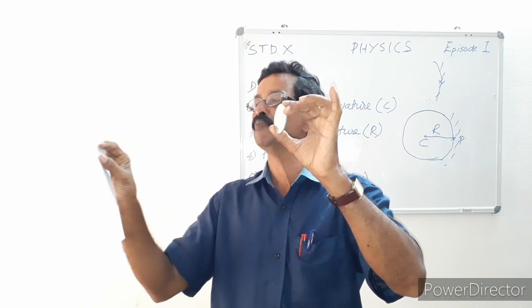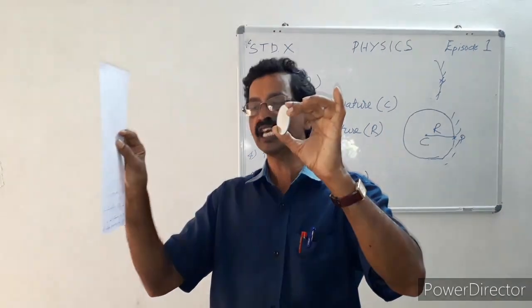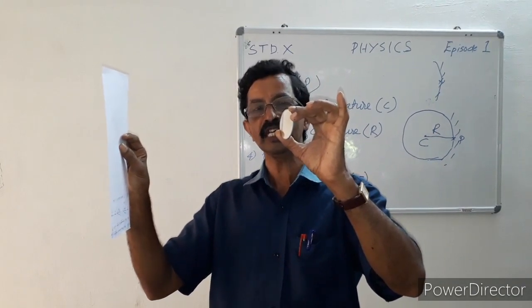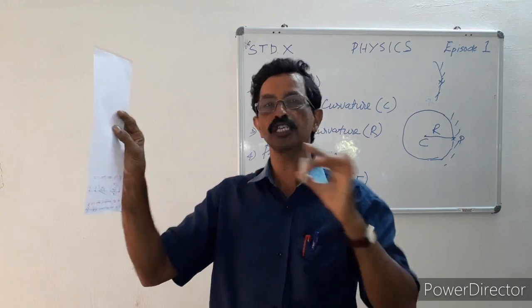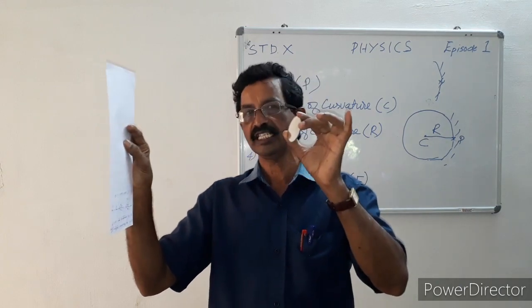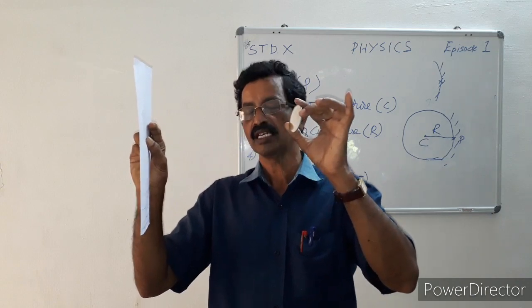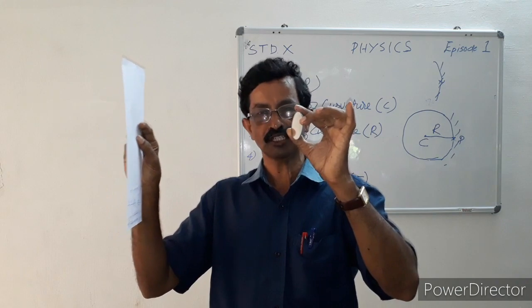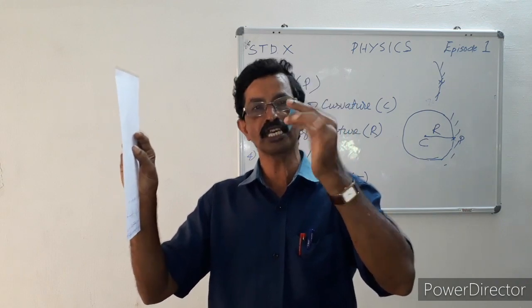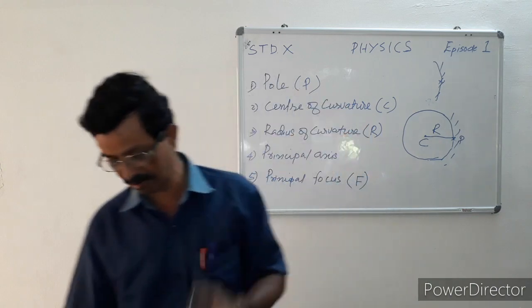Move the paper until you get a bright spot, and keep it for some time. You can see that the paper starts to burn. That bright spot is the image of the sun, and the distance from the mirror to that image is the focal length of this mirror.